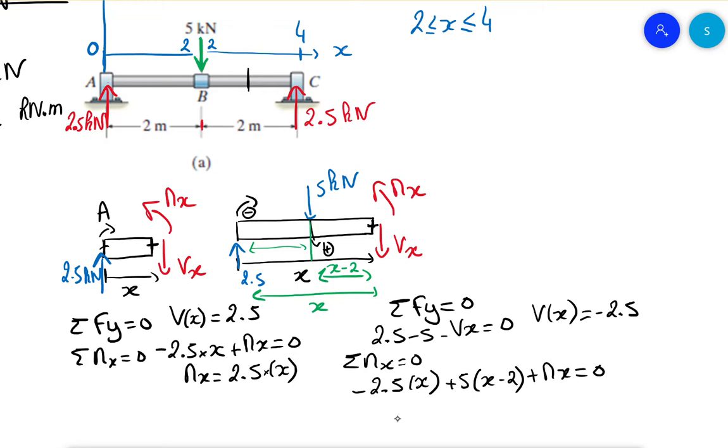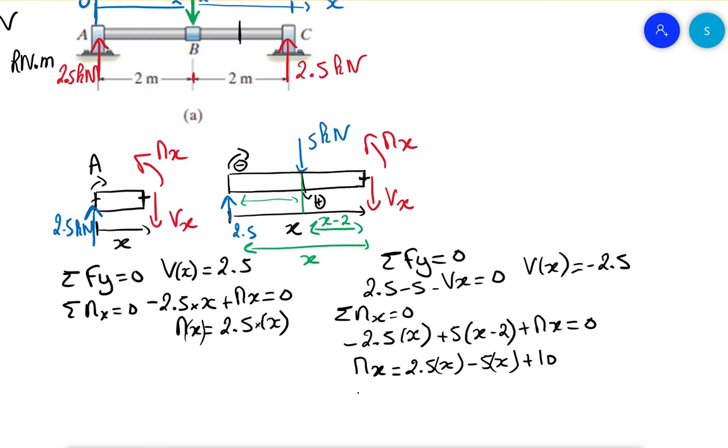So M of x is equal to 2.5 times x minus 5 times x, and minus 10, but in the direction is plus 10. So Mx is equal to minus 2.5 times x plus 10.